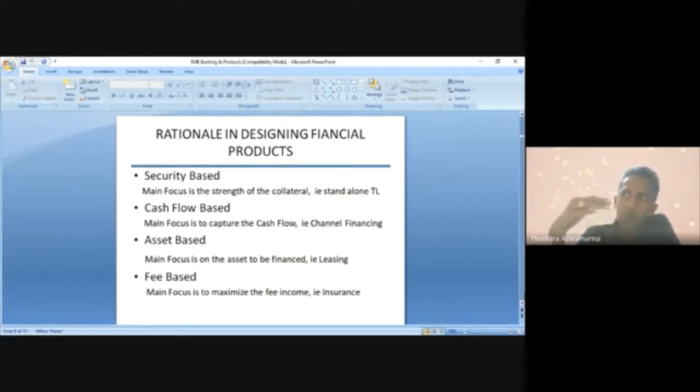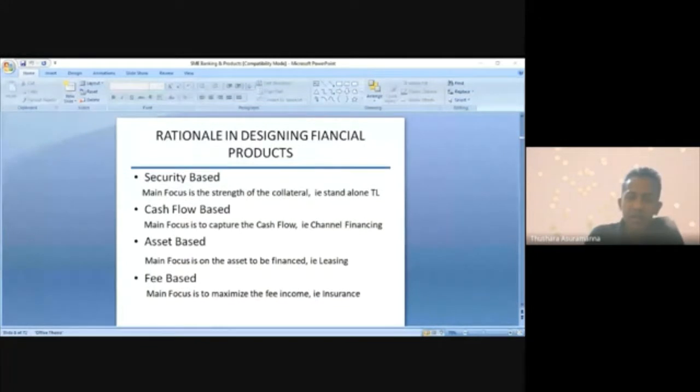You structure the loan based on the cash flows, however you get a security. You may offer both asset and fee-based lending to one single customer. It's a combination.